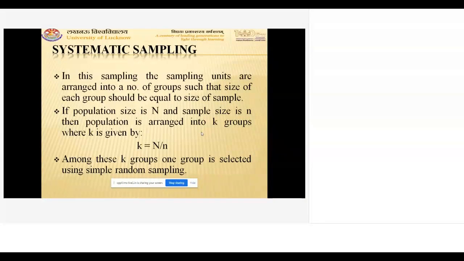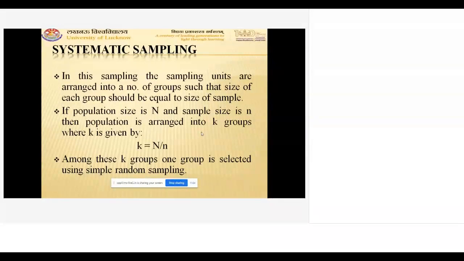Suppose we have selected random number 5 and k is approximately equal to 7, that is 6.9, or you can say 7.2. Then the fifth unit is selected, which was the first random number, then 5 plus 7, that is the 12th unit, then 12 plus 7, that is the 19th unit. In such a manner we go up to the last unit.